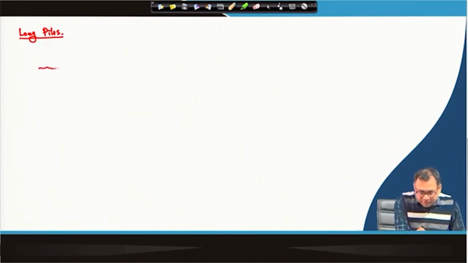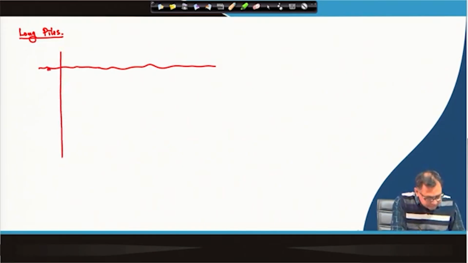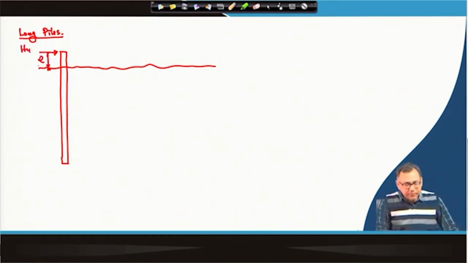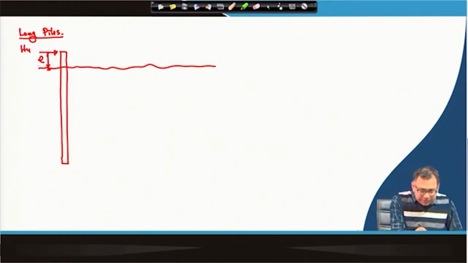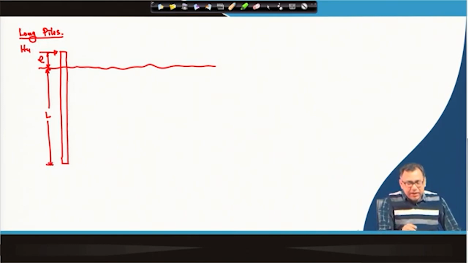If I take the ground surface, this is the ground surface and we have a pile which is the long pile. Okay, here also HU is acting at a height of E, and this is the L length of the pile. So, here the total pile will not rotate, because the pile is long.